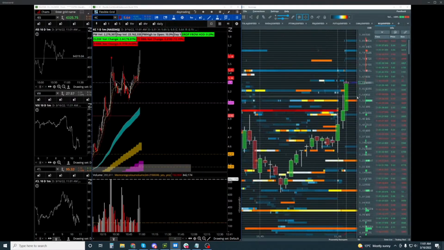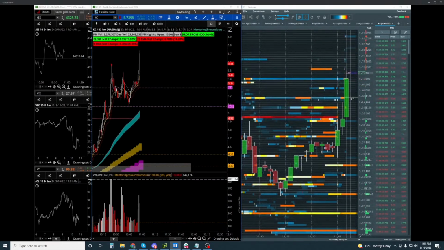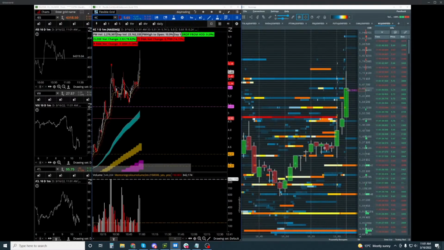Strong liquidity 555. Look how it's pushing trade at 573, so 577. Nice tape on this one.